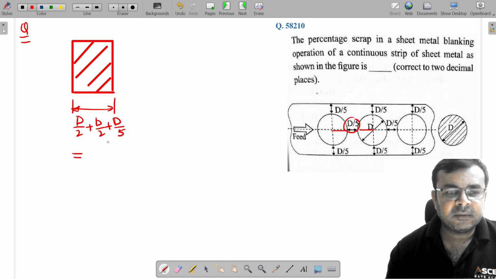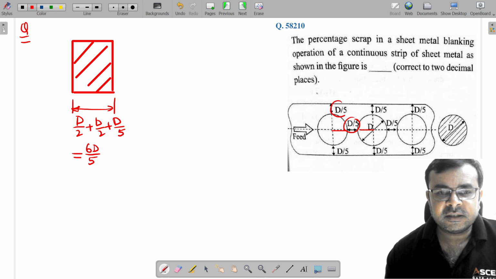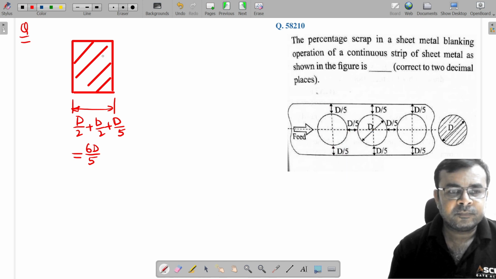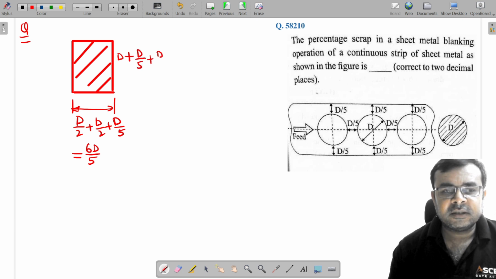So this is d plus d by 5, which is 6d by 5. Correct? Similarly, for the height, this is d by 5 and d by 5 and this is the total diameter, so it can be written as d plus d by 5 plus d by 5, which is equal to 7d by 5. Is that clear?